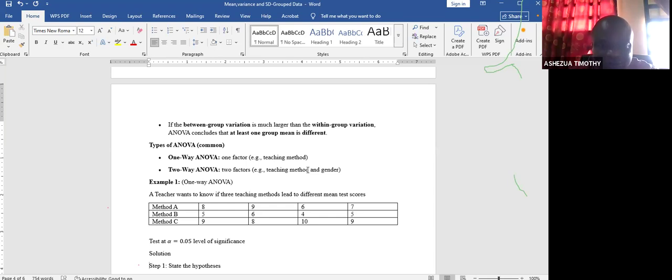We'll do just one-way ANOVA. As an example, a teacher wishes to know if 3 teaching methods lead to different mean test scores.